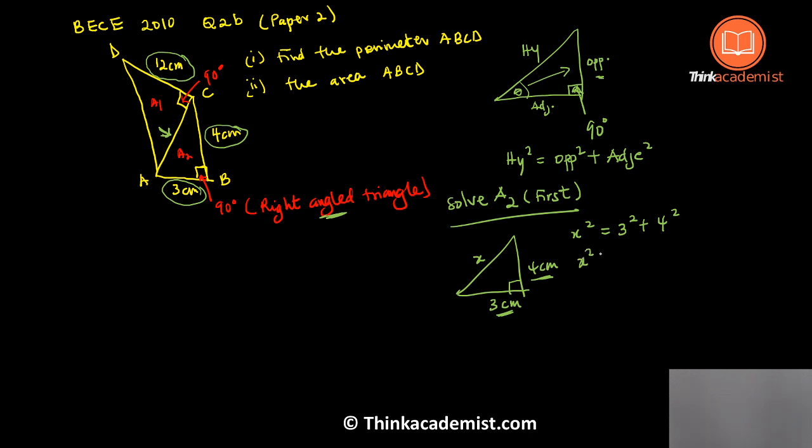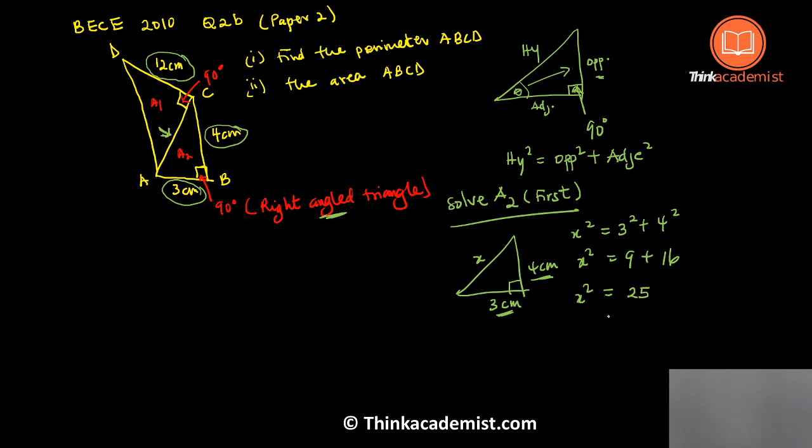To solve for x, 3 squared gives us 9 and 4 squared gives us 16. When we add both, we get 25, and then we have x squared.